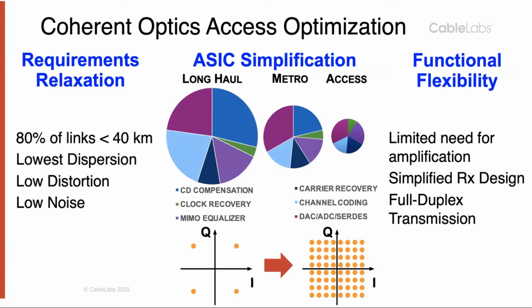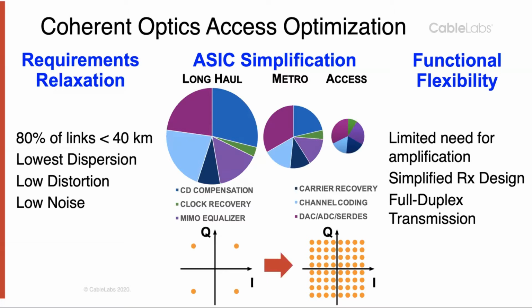In access, we're talking about shorter links. Most of our links are less than 80 kilometers. A lot are less than 30 kilometers. We're not talking about thousands of kilometers like you would have in backbone, or hundreds of kilometers like you would have in regional networks. So for these distances, the amount of dispersion is much lower.